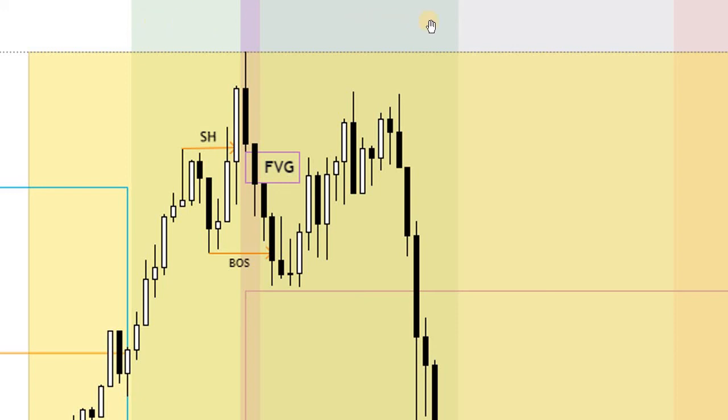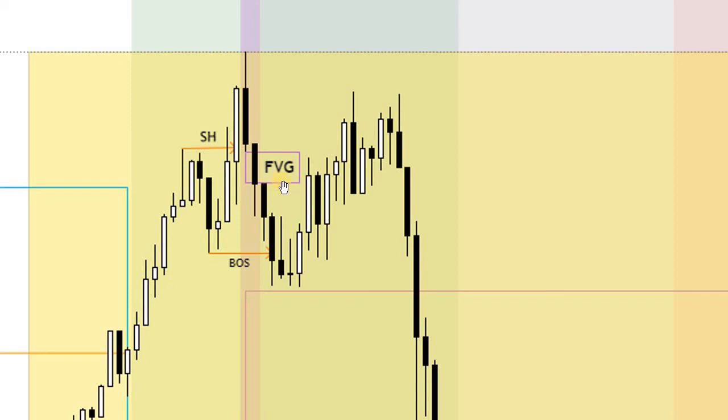This light green shaded area is the London Q zone, and you can see that price is clearing the liquidities above the Asian range, and we have this very convincing move downwards, and we even have an FVG, an imbalance here.